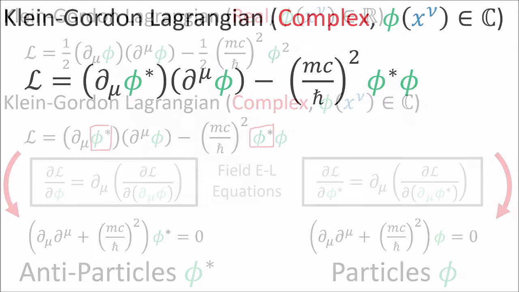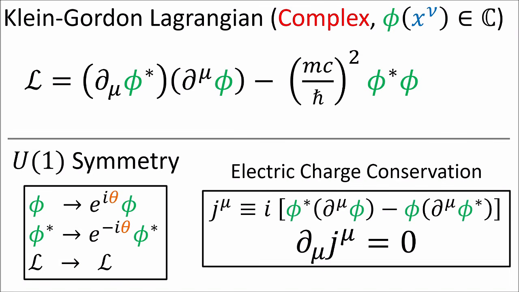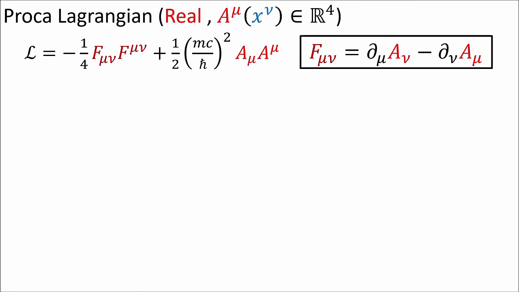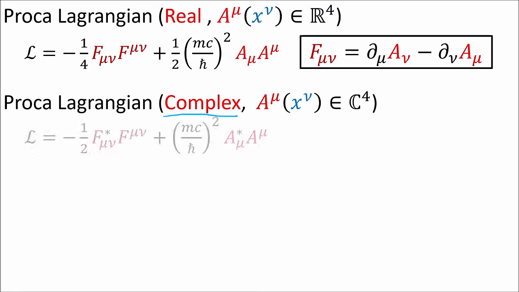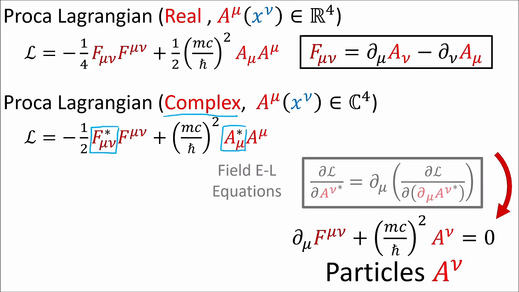We also saw the U1 symmetry of the Lagrangian led to a conserved current by Noether's theorem, and this was the electromagnetic current. The exact same thing happens if we take a look at the complex version of the Proca field, by including complex conjugate terms in the Lagrangian. Taking the Euler-Lagrange equations and varying with respect to A star gives us the A Proca equation for particles.